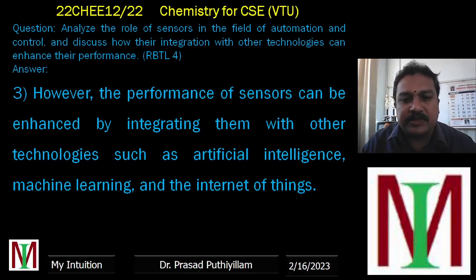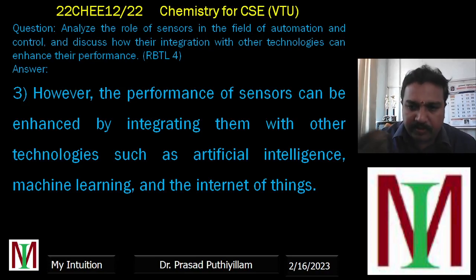That is called artificial intelligence. Machine learning is making a machine or a robot work based on the available data, based on the analyzing power given by data scientists. And the Internet of Things.